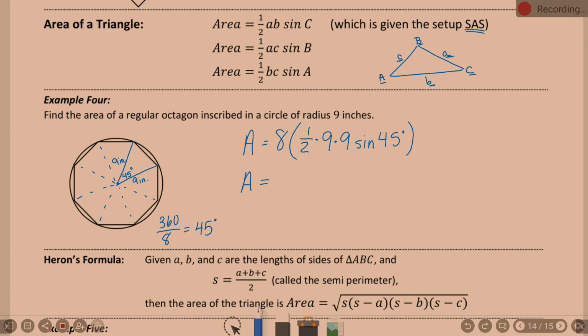What are we getting? 229. What would be my label? Inches squared, because we're talking area.